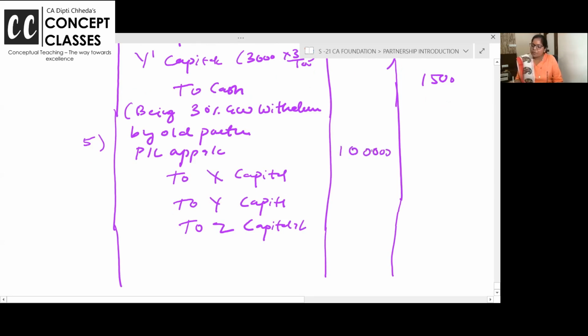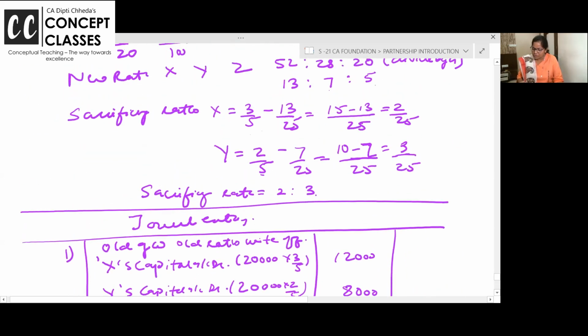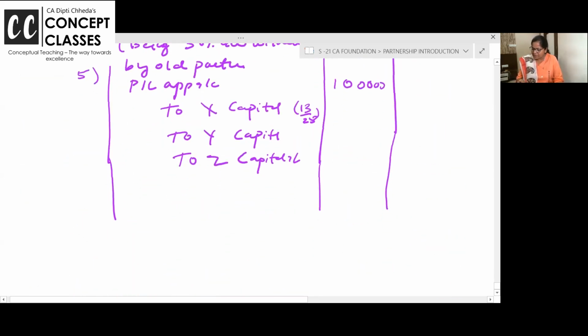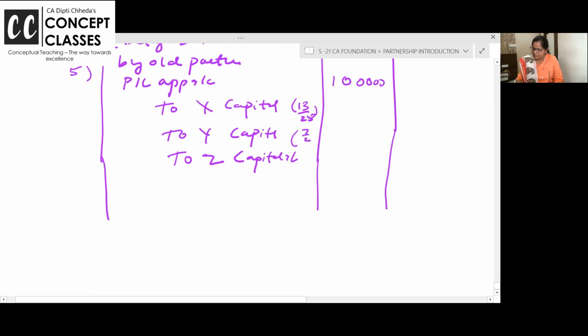Let us give it to all the partners in the new ratio. What is the new ratio? Here we have 13/25, 7/25, 5/25.